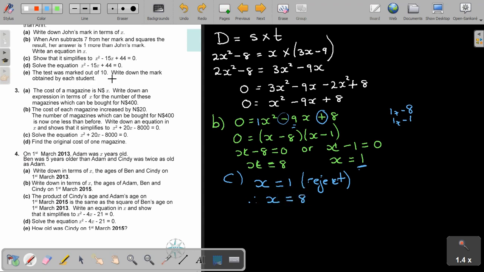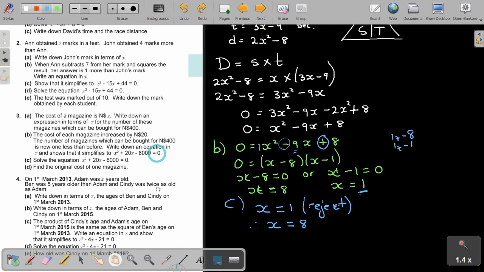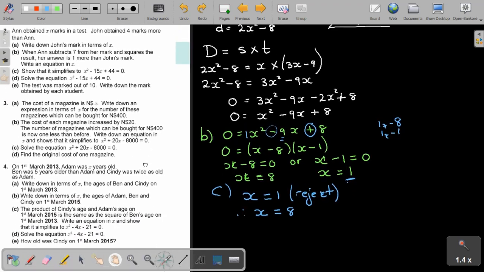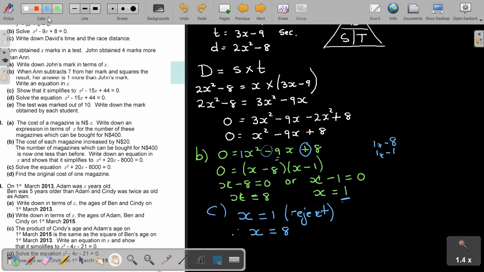But I want two things: the time and the distance. So the time is 3x minus 9, so it's 3 times 8 minus 9, and if I work that out, 24 minus 9, I'm going to get 15 seconds.